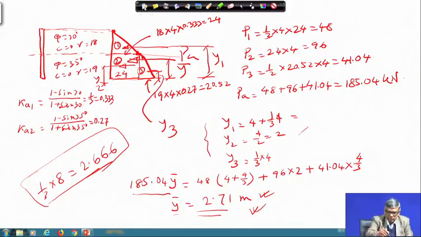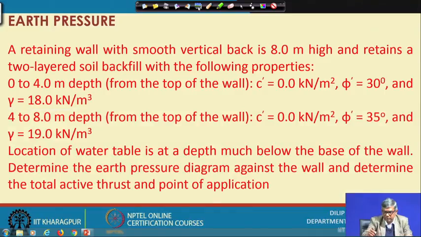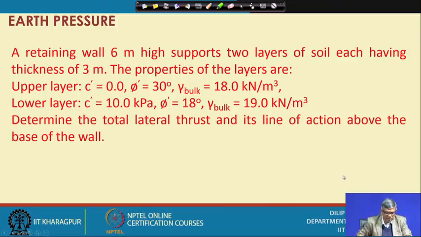So, let me go to the second application. The second application is again a 2-layer soil. The top layer is a phi soil, and the bottom layer is a c-phi soil. A retaining wall 6 meter high supports 2 layers of soil, each having a thickness of 3 meter.